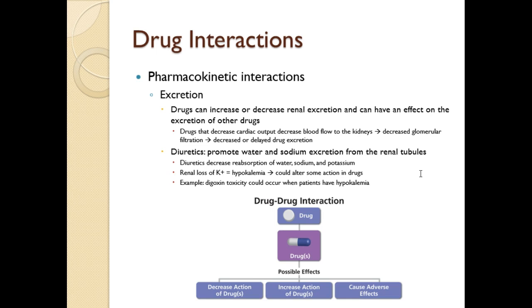For example, if a patient is taking a diuretic and is also taking digoxin, they need to have adequate potassium levels, because if they have hypokalemia, they could get digoxin toxicity as well as some types of dysrhythmias. So it's important for us to monitor patients with any combination with diuretics.